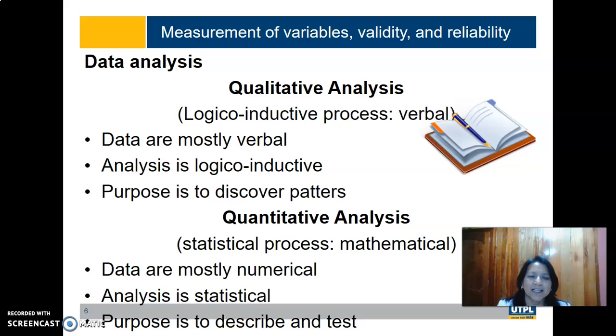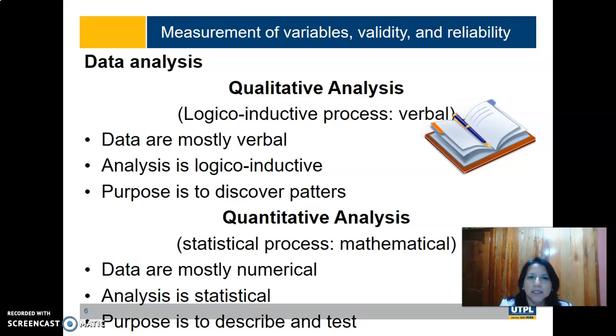Regarding the data analysis, you have to keep in mind that the moment you prepare your research proposal, you decide what type of study, and also the approach that you are going to apply in order to research the problem that you were interested in.